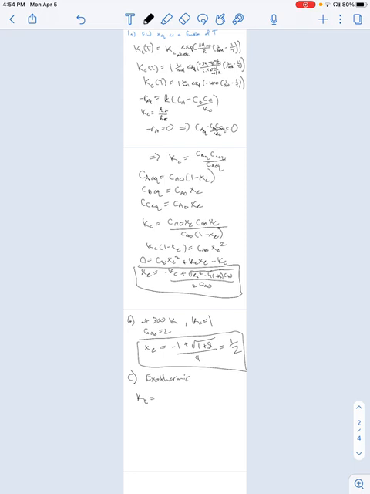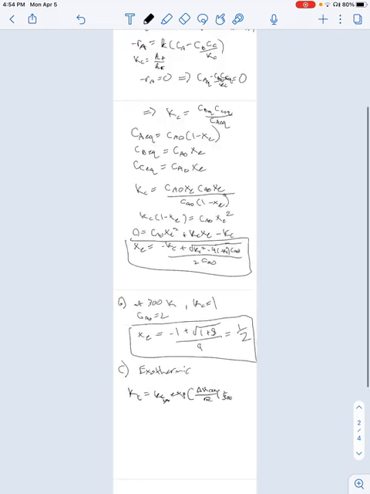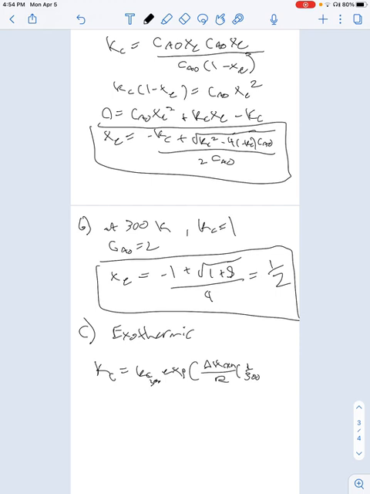Kc equals Kc at 300 times the exponent of delta H reaction over R times 1 over 300 minus 1 over temperature.